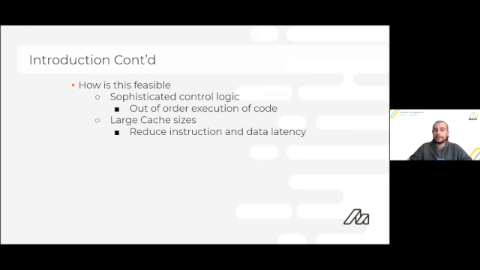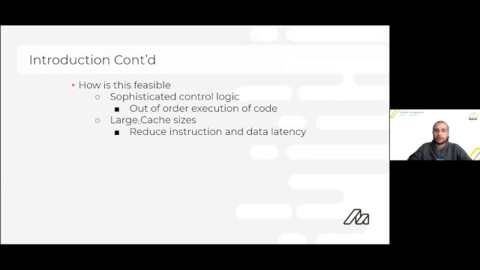It was made feasible through sophisticated control logic. As I mentioned, they achieved out of order execution of code, meaning that parts of code that were stalling would be stopped, and the program would begin and finish other tasks within the same program that did not require waiting for I/O, for example. So out of order execution of code.